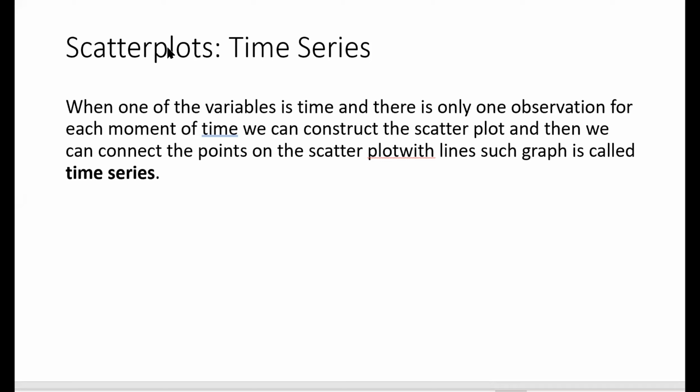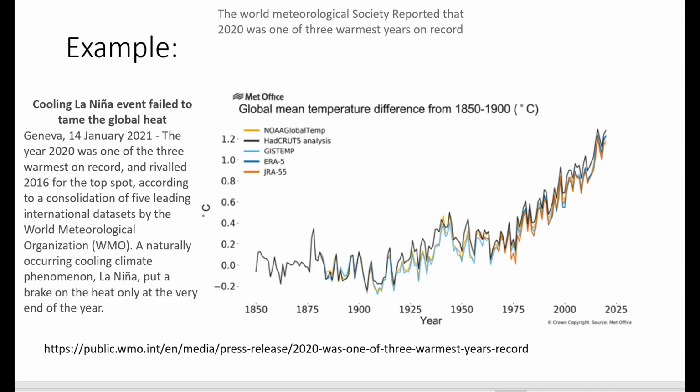So our time will be our independent variable, x, and whatever we're measuring is going to be our y value. Here's an example of a time series plot, and this is for global mean temperature differences from 1850 to 1900.